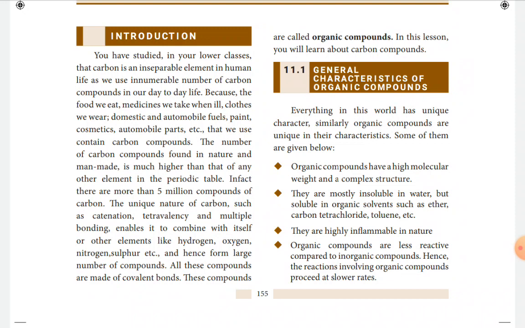Such an important role for carbon on this earth. Because of carbon only, life is existing on this earth.